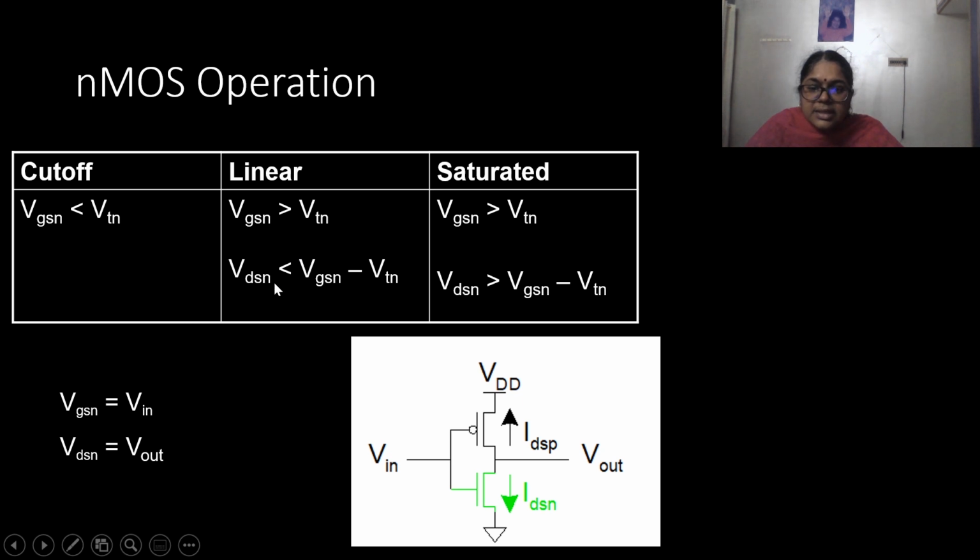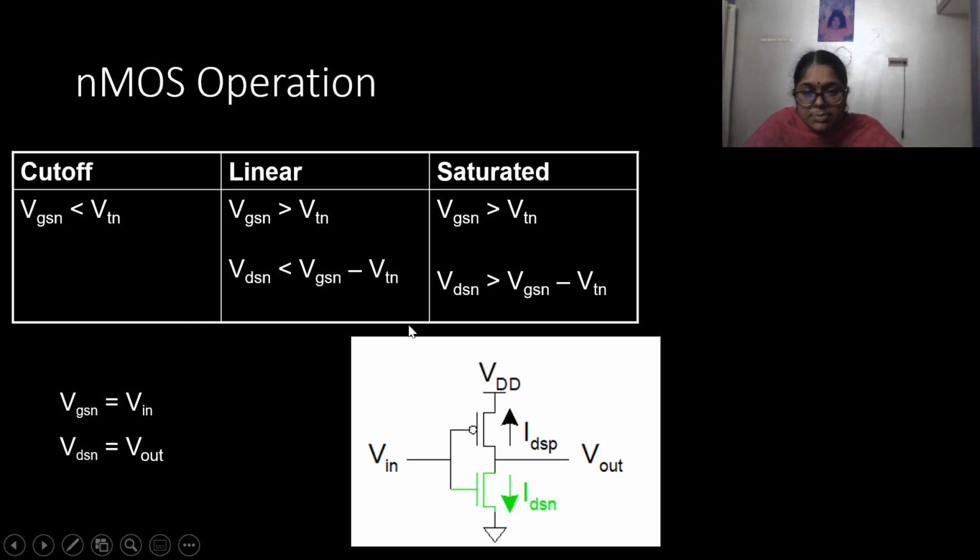But once the voltage VDSN becomes greater than VGSN minus VT, the transistor goes into the saturation region, because this is the point at which VGS minus VT is the voltage at which pinch off would have occurred, and the channel has tapered near the drain. There is no channel formed near the drain because VGD would have become less than VT, and because of this the current no longer depends upon VDS; it is independent of VDS. So the transistor would be in the saturation region.